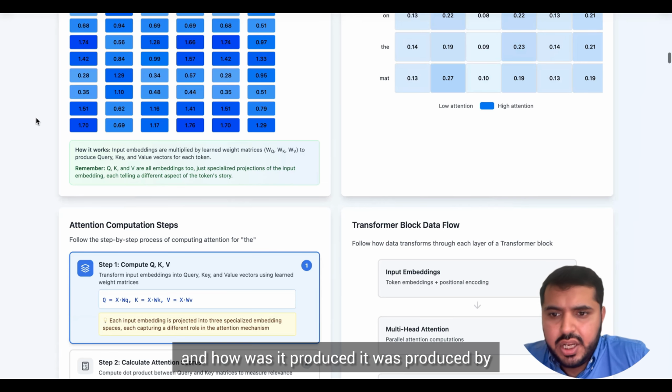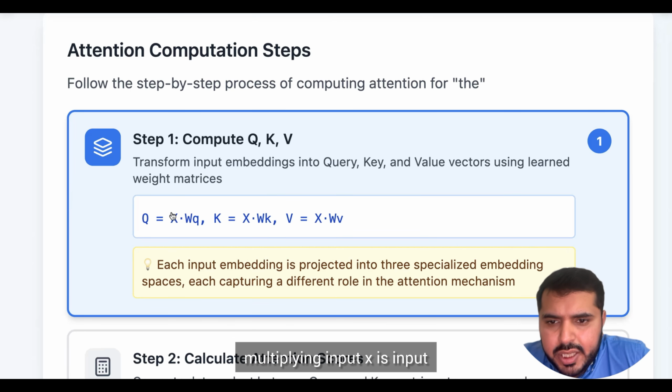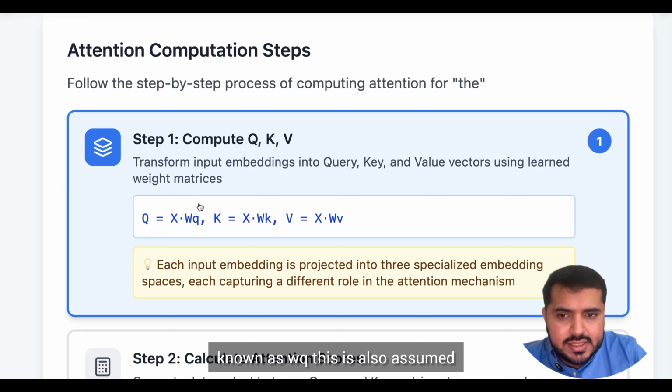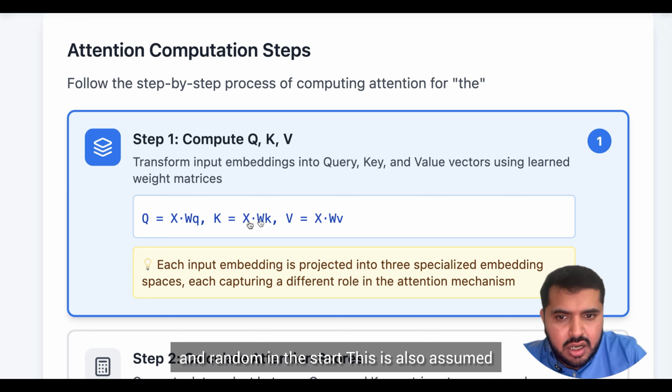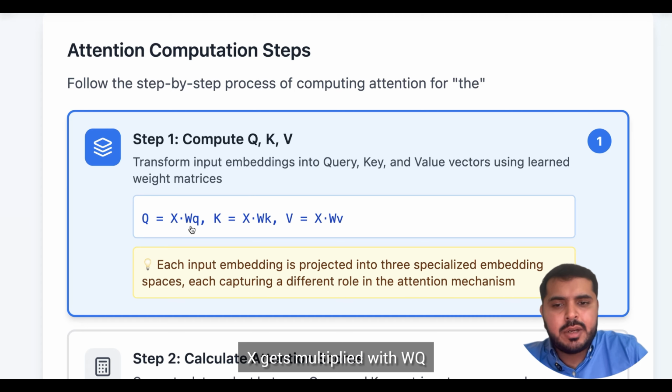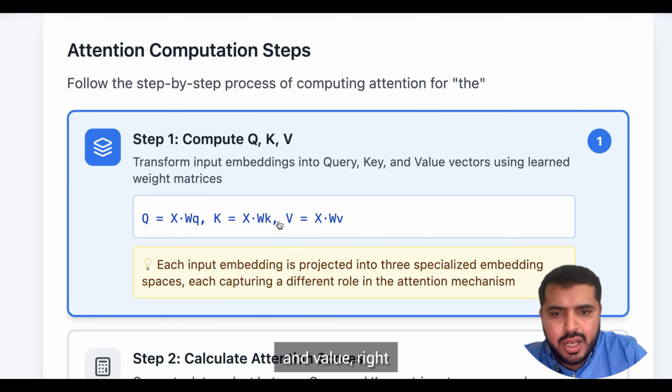And how was it produced? It was produced by multiplying the input X. What is input? The combined embedding matrix. It gets multiplied with another weight matrix known as WQ. This is also assumed random in the start. X gets multiplied with WQ, X gets multiplied with WK, X gets multiplied with WV. Then we produce query, key, and value, right?